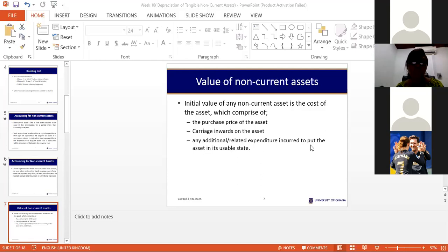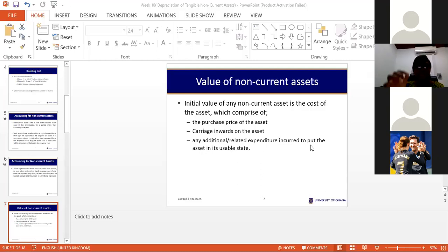If it is a building, then the same applies. If it is equipment, then sometimes the cost of how we have to set up that equipment would also be included as part of the cost of the asset at the initial setup stage.